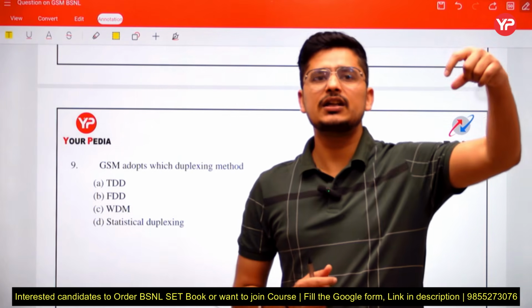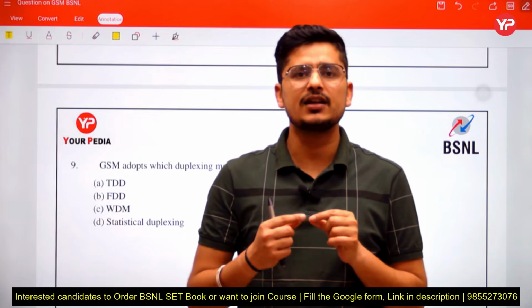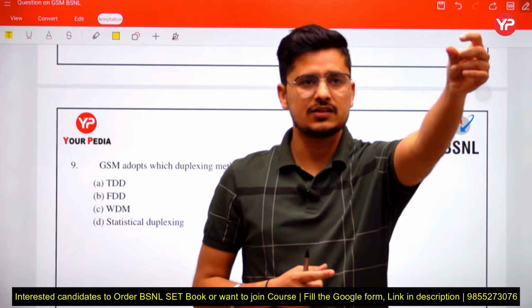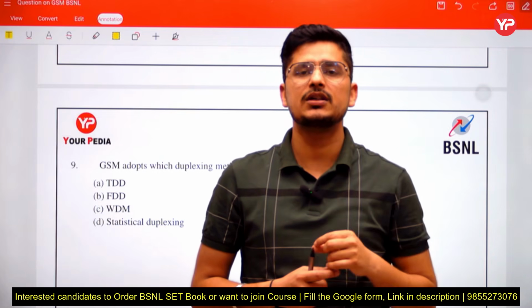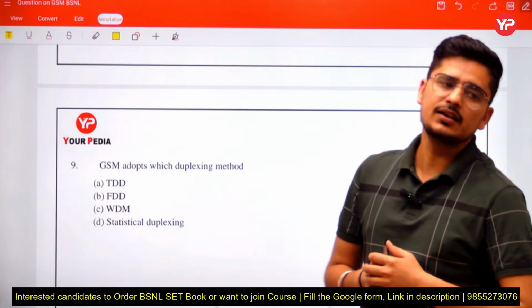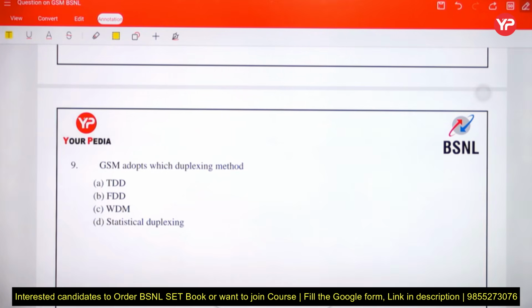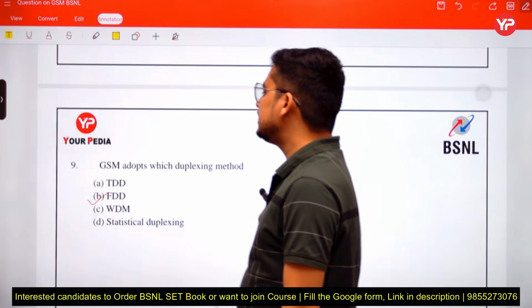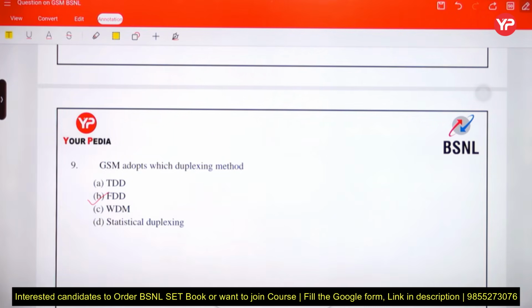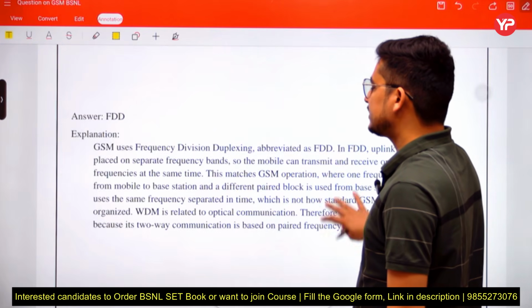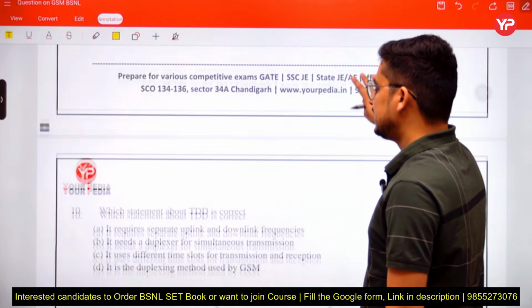Whenever we use different time slots, say for the first 10 seconds I transmit on the same frequency, and for the next 10 seconds the base station transmits towards me, that is called time division duplexing. So the GSM system adopts frequency division duplexing. I'm not talking about multiplexing. This is duplexing, right? So frequency division duplexing is used by GSM systems.